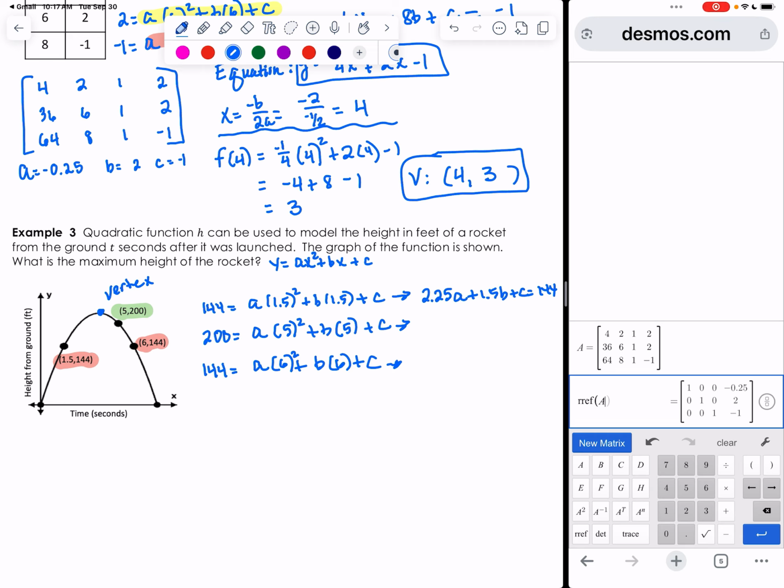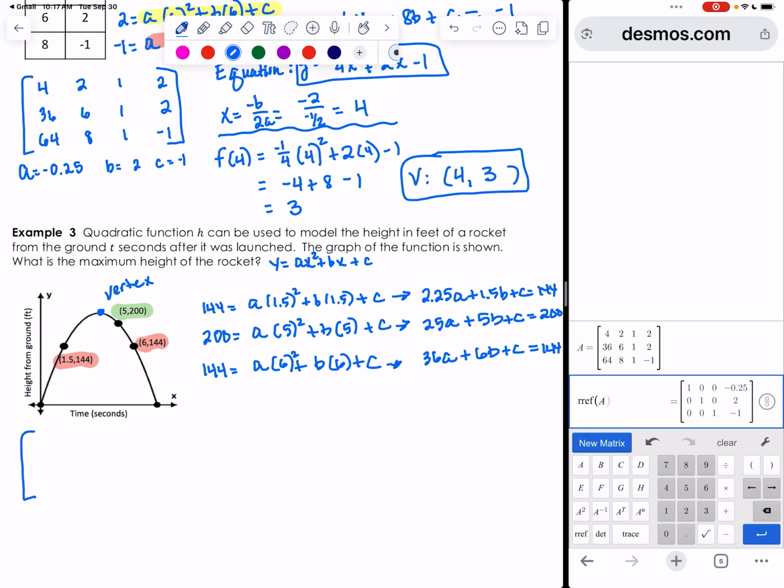Next equation, 5 squared is 25, so this would be 25a plus 5b plus c is equal to 200. 6 squared is 36, so 36a plus 6b plus c equals 144. Now we have the information that we need to form a matrix.